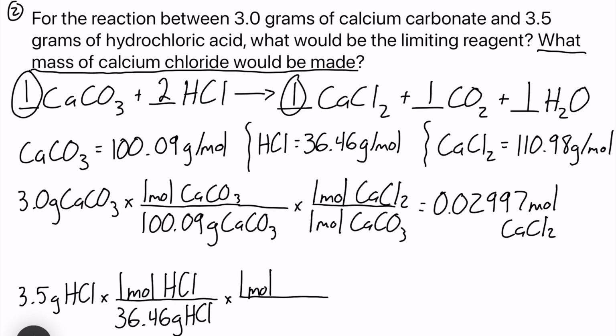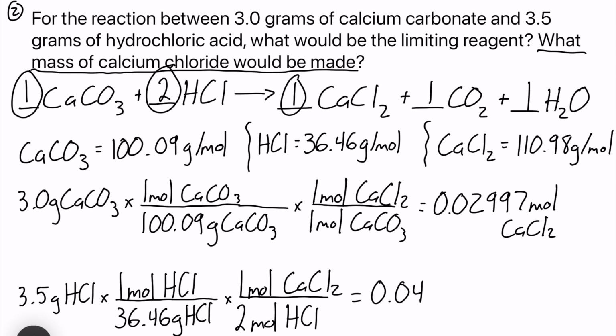So we have 1 mole of calcium chloride for every 2 moles of HCl. And again, I got that from our balanced chemical equation. And if you type that into your calculator, you get 3.5 grams of HCl can make 0.0480 moles of CaCl2.